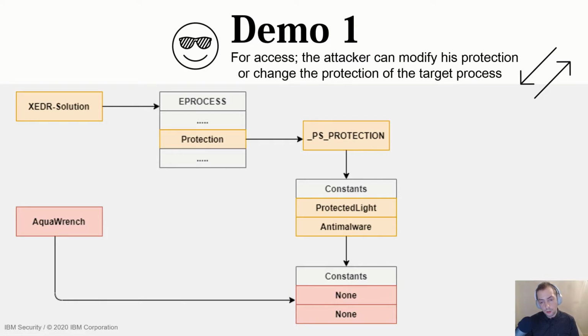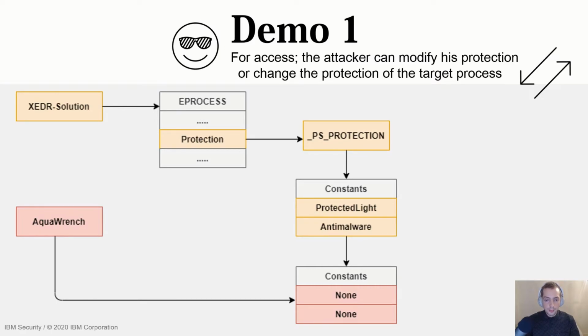So all processes in Windows are governed by an E process structure in the kernel, which is a huge data blob that describes all kinds of features of that process. Okay, and those E process structures are stored in a circular list. So each process on Windows will be in that list, and one will get added if a new process is created and removed if that process gets terminated, right?